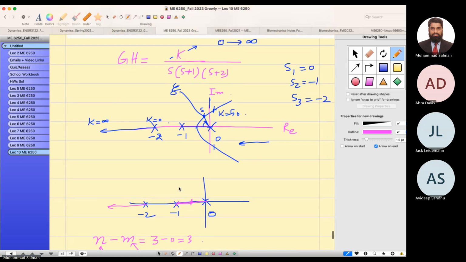So this would be -1. These are, how do you draw the lines?